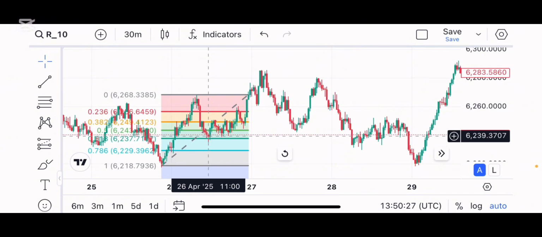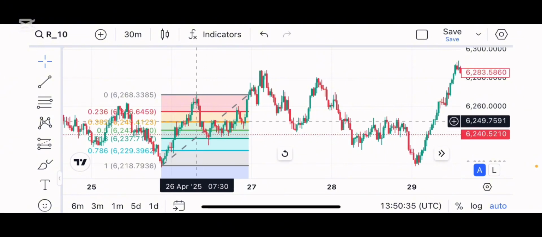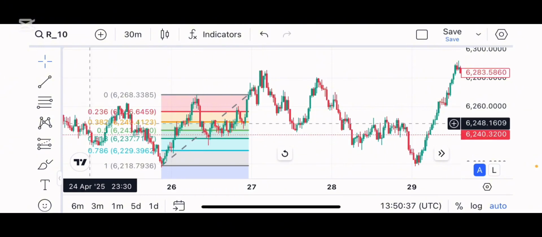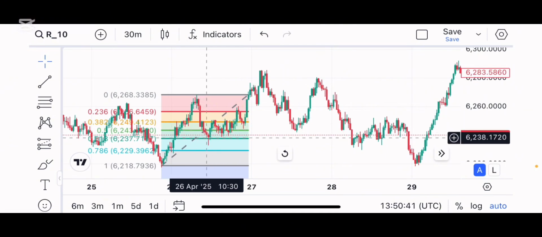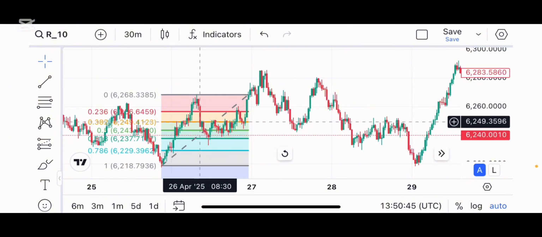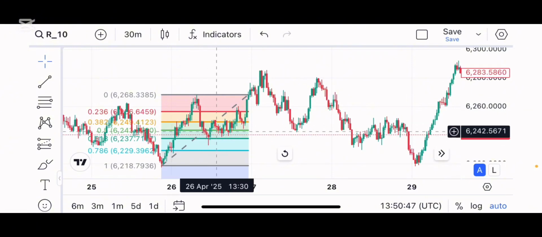Like I said, you can have the wick breaking through it, but the body of the candle must close above the 61.8 Fibonacci. And obviously you can see it broke through the 38.2 Fibonacci here. So we need price anywhere here, which it has done. So this leg is in accordance with our Cypher pattern.